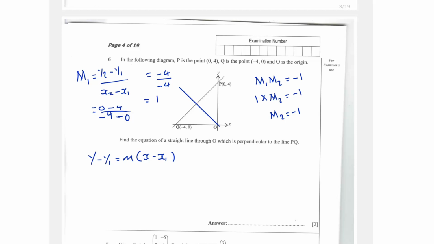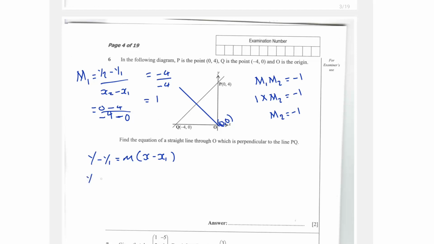Since it passes through the origin, and at the origin we have the point 0, 0. So we'll use this point and then replace where we have y1 and also where we have x1. And then our gradient is -1.